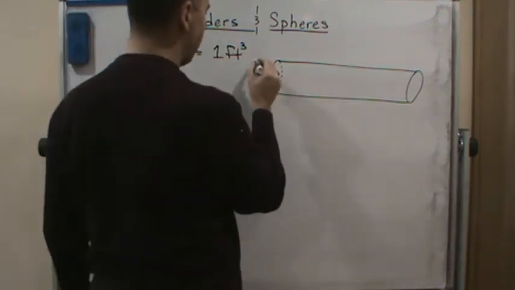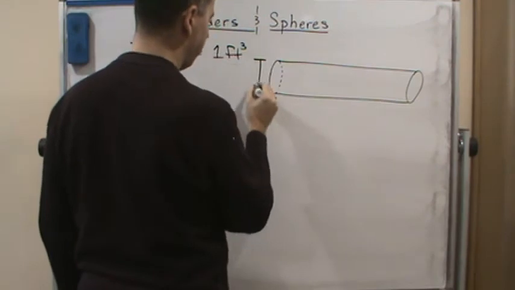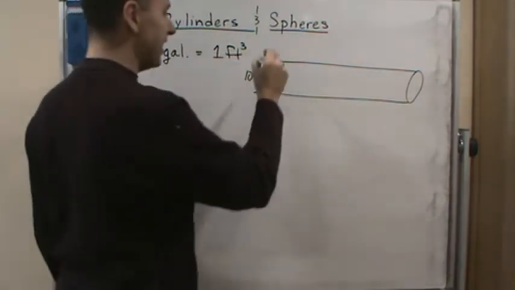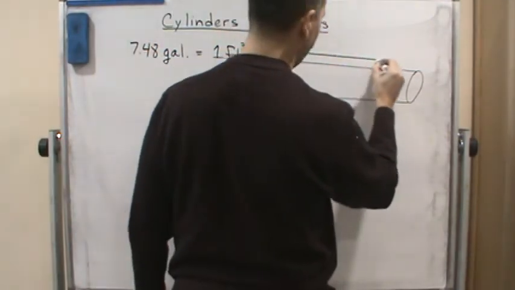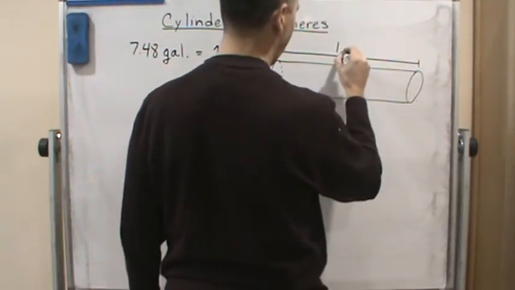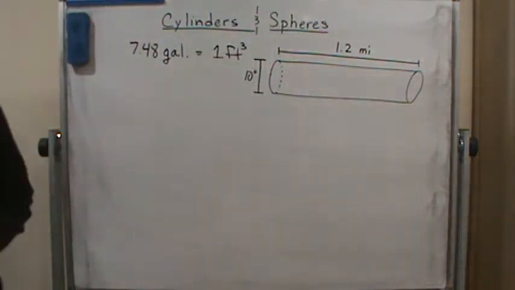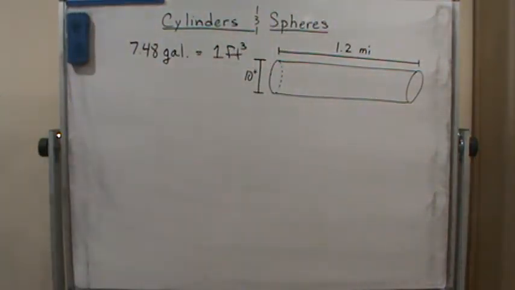And we know the diameter of the pipe is 10 inches. But the length of the pipe, ooh boy, 1.2 miles. So we're going to have to convert these into the same units.